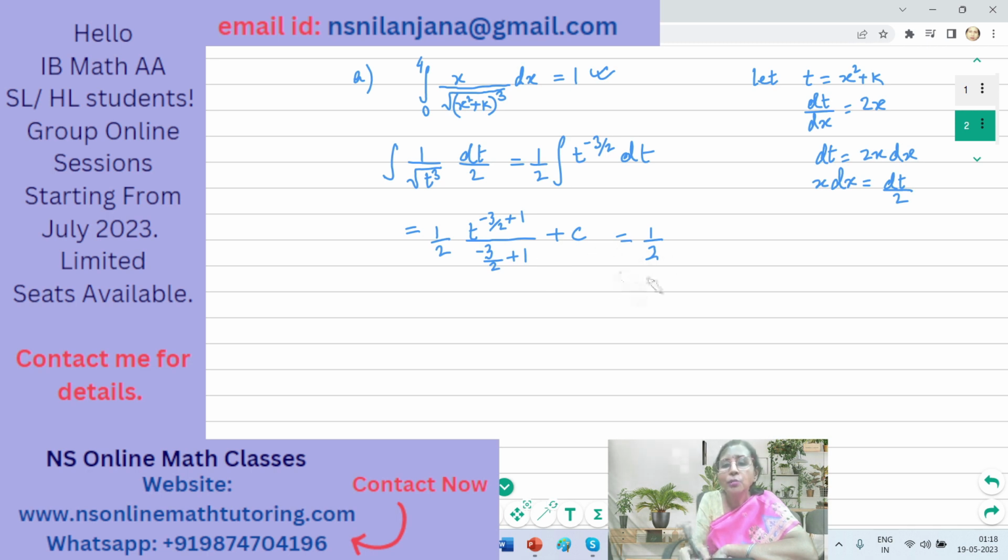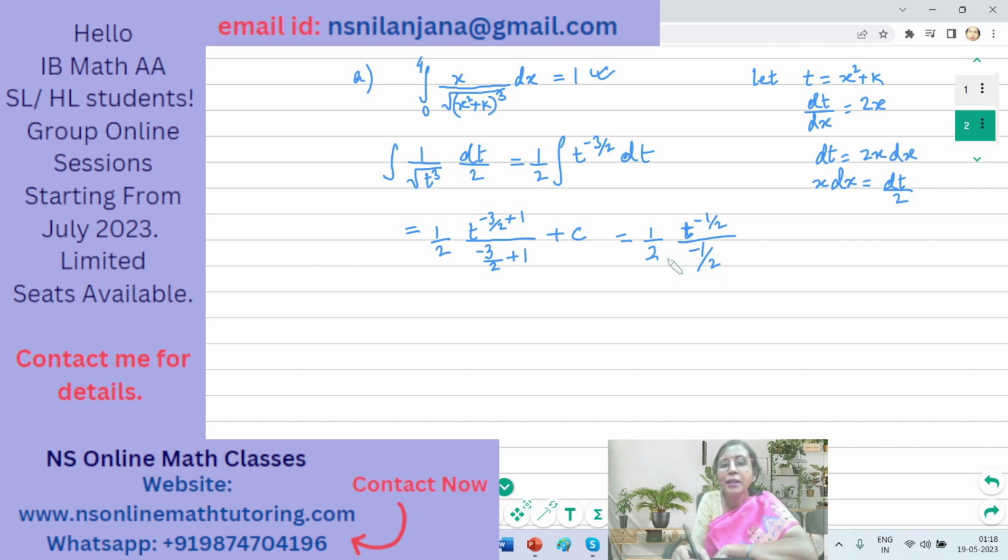Okay. So fine. So it will be t to the power of negative 1.5 plus 1, which is negative half. So it will be t to the power of negative half over negative half. So this when comes up, this is half divided by half.